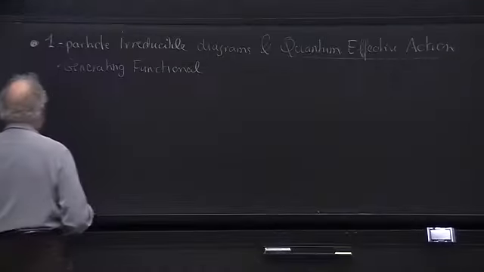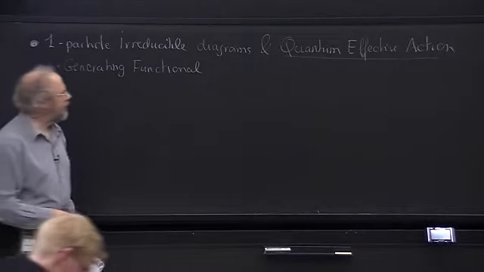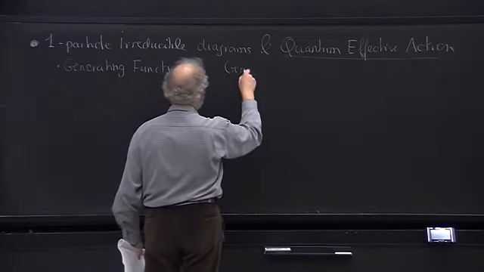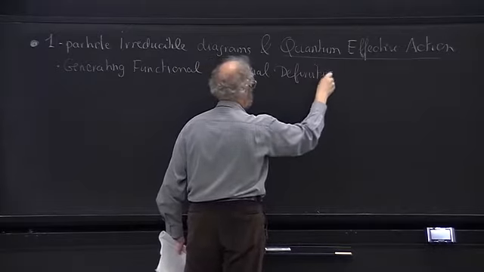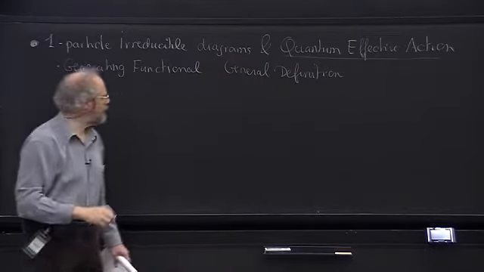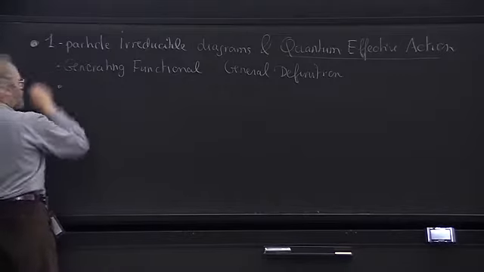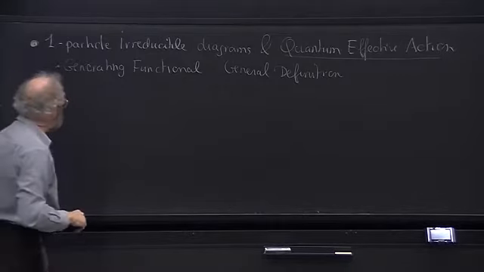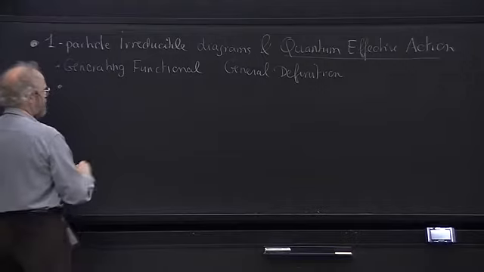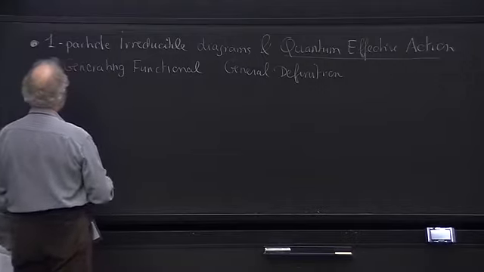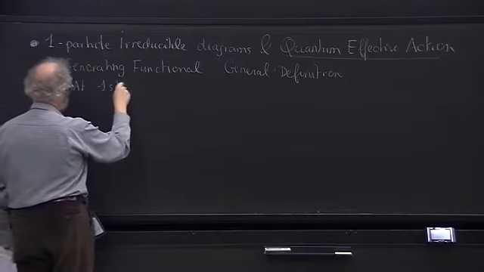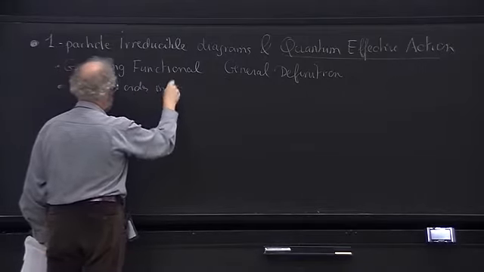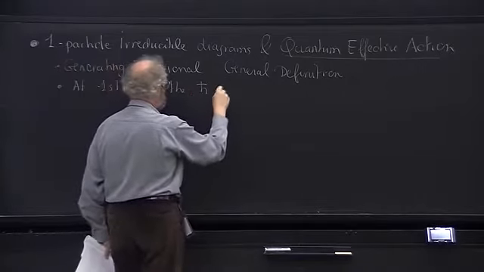Okay, so I'm going to give the general definition, which is going to be a bit abstract. Then I'm going to give a very important general formula, which is the formula for this quantum effective action at first order in the h-bar expansion.